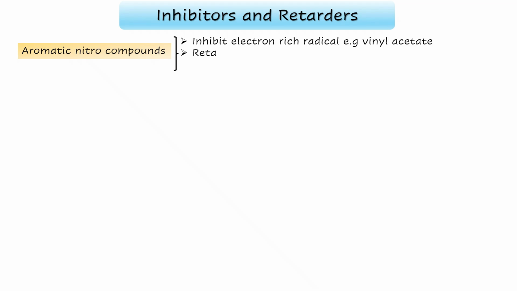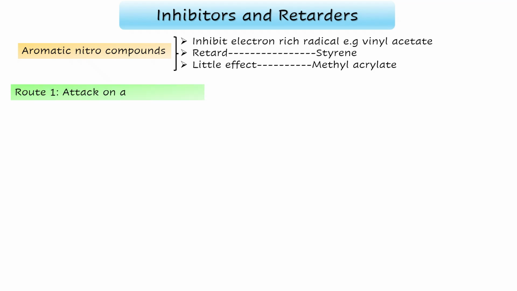Aromatic nitro compounds terminate propagating chains with a greater effect for more reactive and electron-rich radicals. Nitro compounds inhibit vinyl acetate, retard styrene, but have little effect on methyl acrylate. The mechanism of radical termination involves attack on both the aromatic ring and the nitro group.